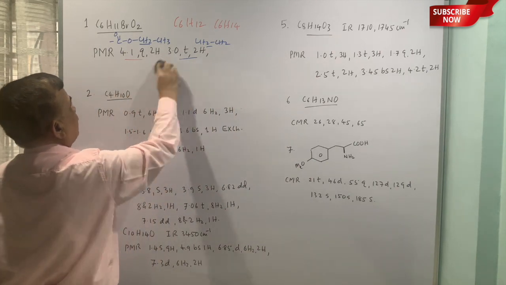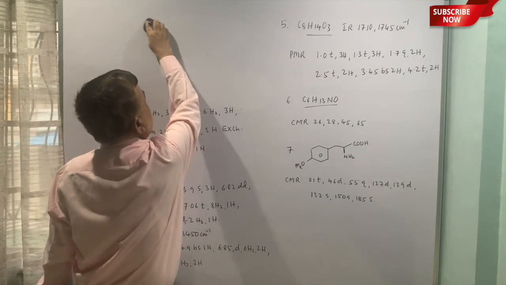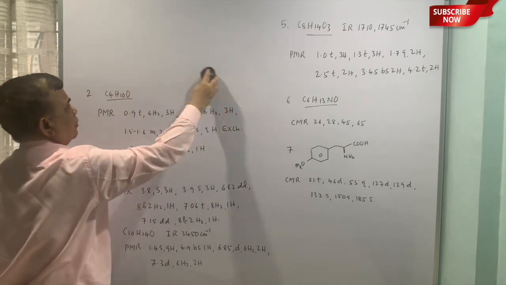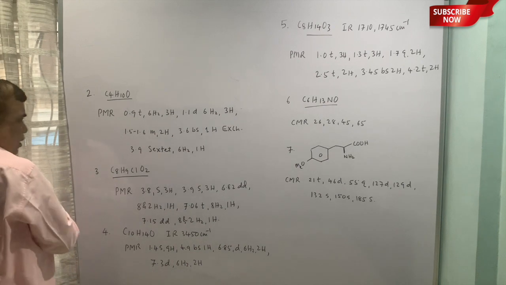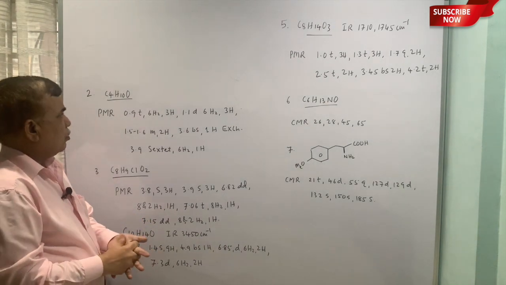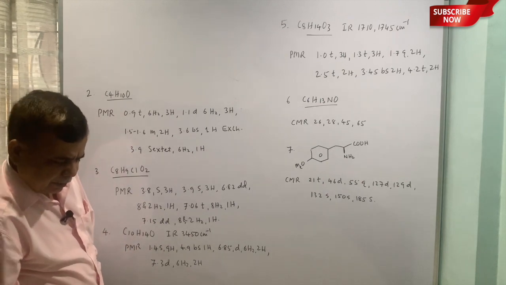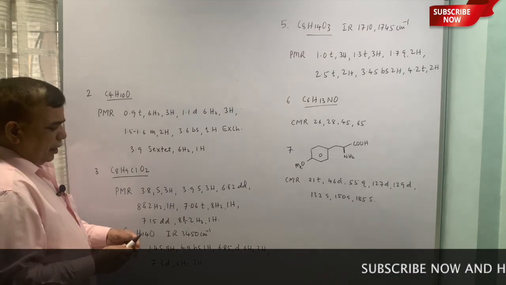Okay. Now the second example. C4H10O. C4H10O is supposed to be a saturated compound because it is not lacking any hydrogen. It has the parental hydrogen number.